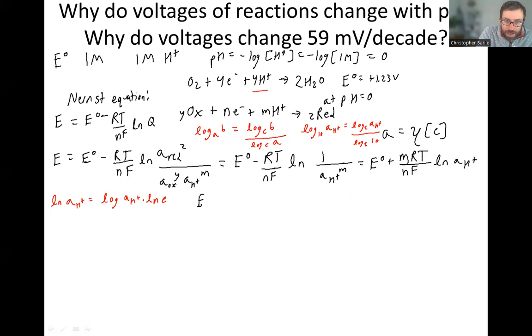We get E equals E naught, sorry, E naught plus mRT ln of 10.